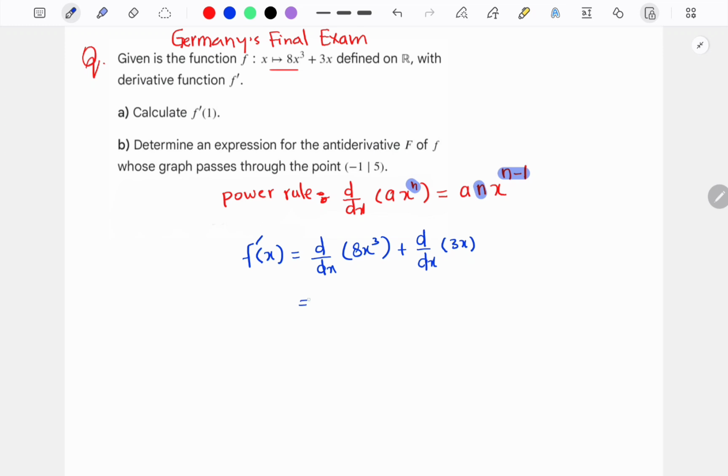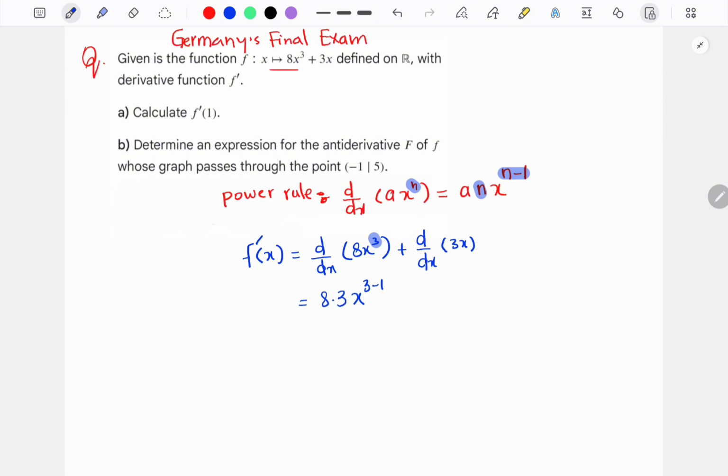As you can see in the power rule, we have to drop the power down with coefficient. So here 8 is already there. The power of x here is 3. So we will drop it down and we will multiply with the number which was already present before the variable x. And now we will reduce the power of x by 1.